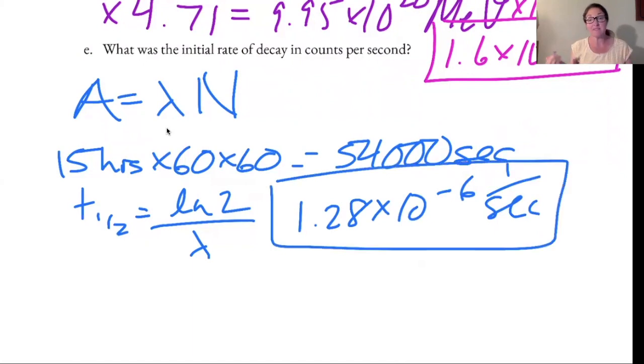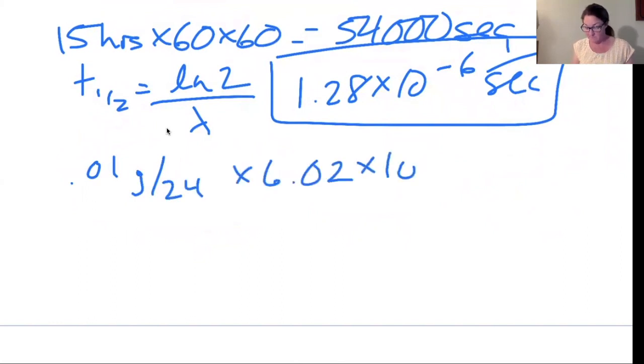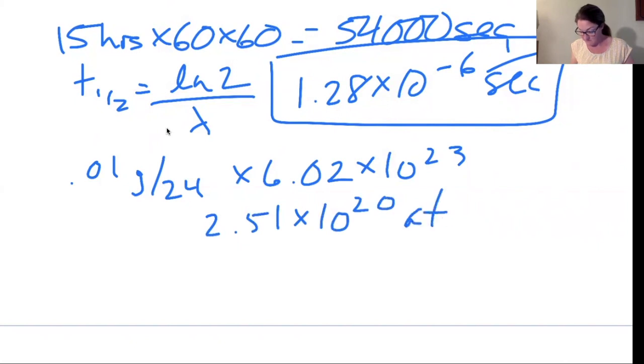I need the number of atoms at the beginning of the problem, not the number of atoms that decayed. So the number of atoms at the beginning of the problem was 0.01 grams divided by 24, and then I'm going to multiply that by Avogadro's number. 0.01 divided by 24 times 6.02 times 10 to the 23rd yields 2.51 times 10 to the 20th atoms.